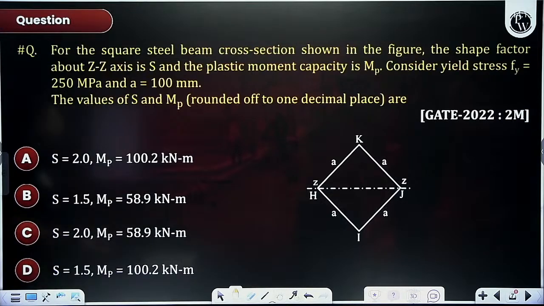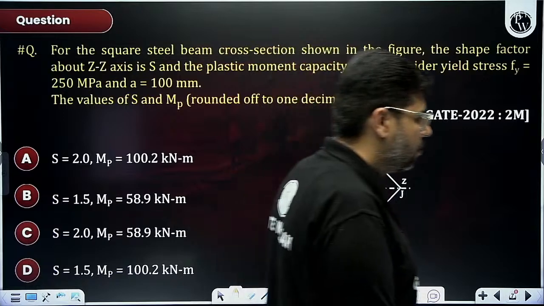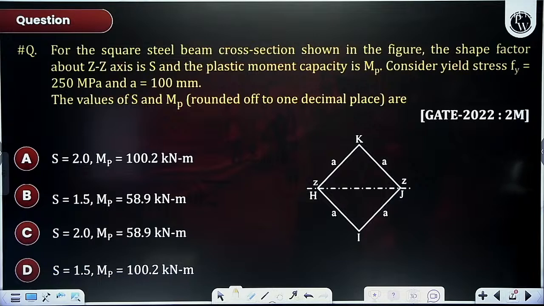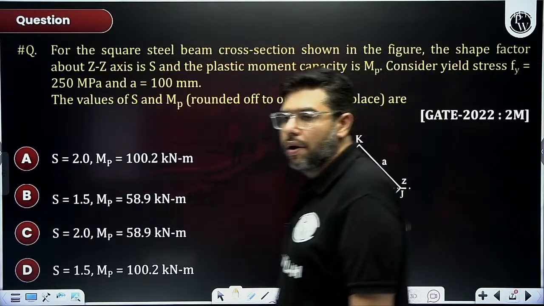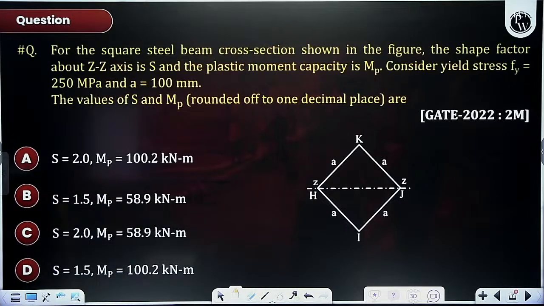See, for diamond section, I already know what is shape factor. Just you have to calculate MP. Either calculate MP directly or calculate MY. From there, you can calculate MP. Try to solve this question. I am waiting for answers.